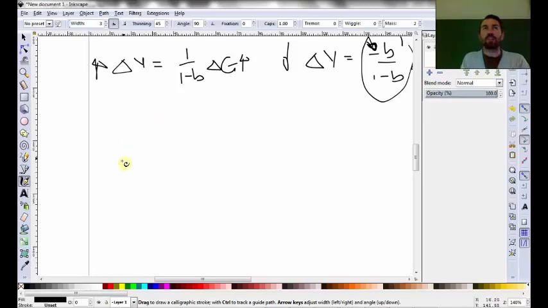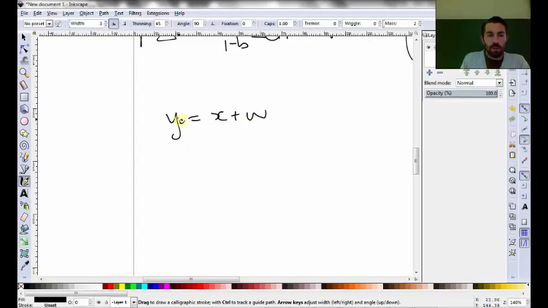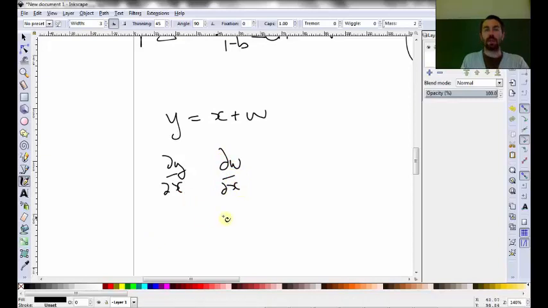But if I have some general function, y is equal to x plus w, then my partial derivatives would be dy by dx and dy by dw. Those are my two different derivatives. I can change x and that will have a change in y.